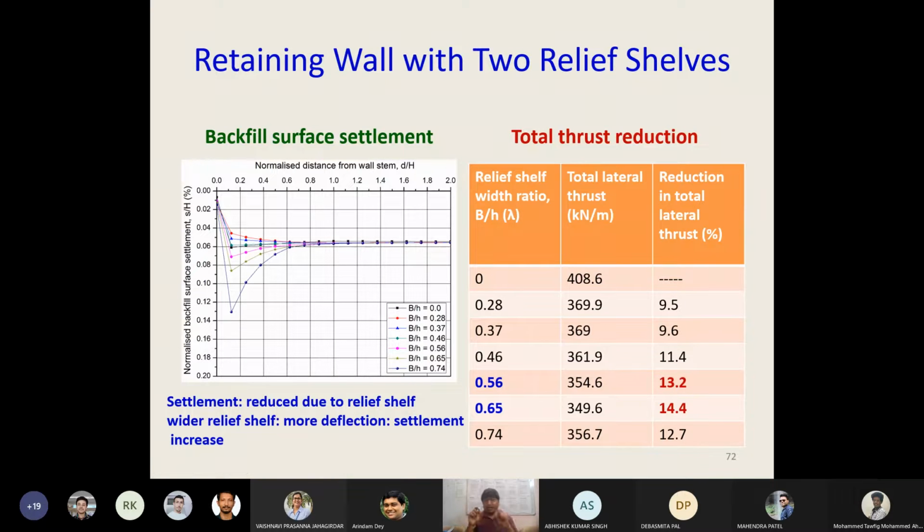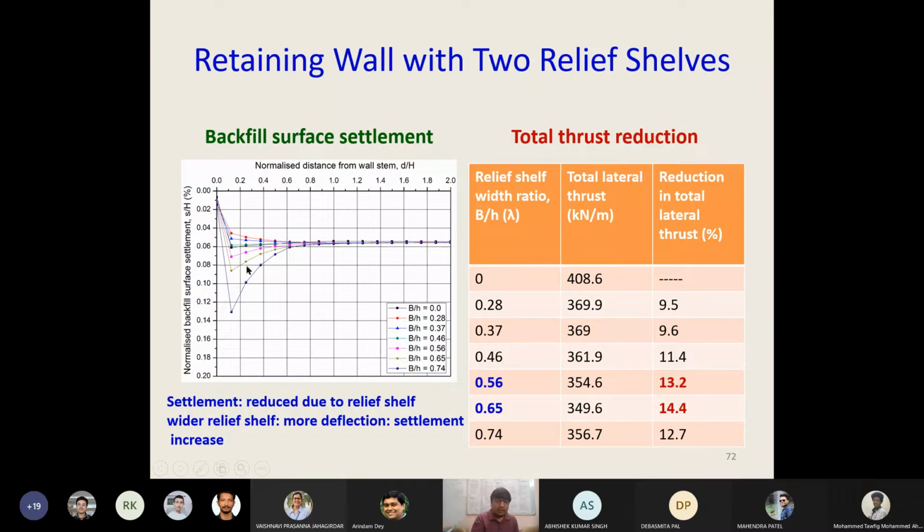Why is it happening? Because if you keep on increasing the width of the relief shelves, they will be in close proximity to the applied surcharge and will take a greater part of the surcharge, and if it supports a greater part of the surcharge, it will have a tendency to deflect, and once it deflects, this will lead to a deflection of the soil particles residing above it.